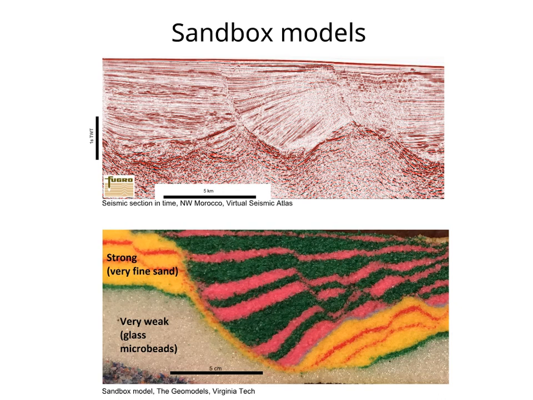The lower figure is a centimeter scale sandbox model of a similar structure. The length ratio between the actual structure and the sandbox experiment in this example is about 10 to the 6. Therefore, the strength of the material in the scale model should be about 6 orders of magnitude lower than the strength of the rock. Dry sand has approximately that strength.